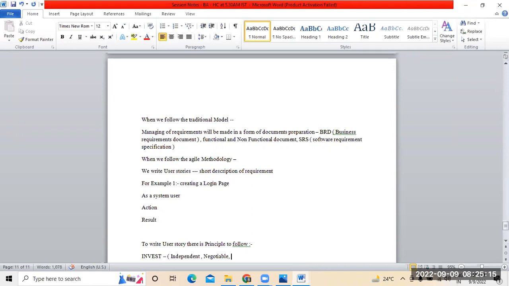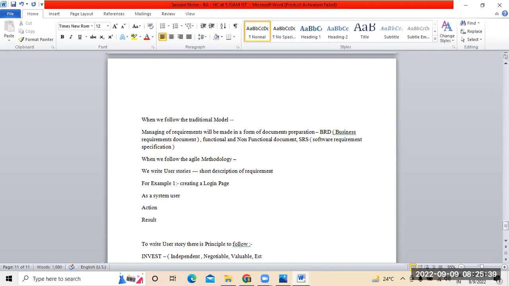Next, V, a user story must be valuable. We don't write everything as a user story. Unless we see the importance of a particular functionality, we don't write a user story. So any user story must have a value. That's what we call V, which stands for valuable.